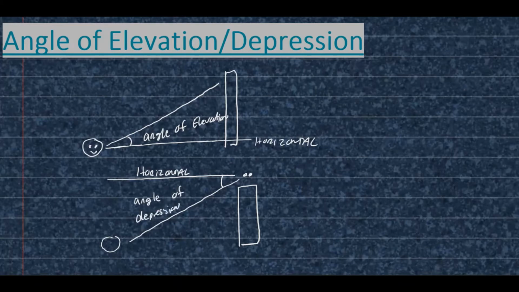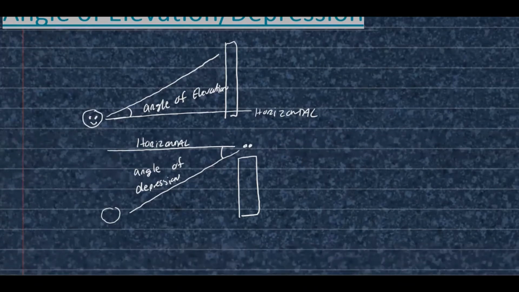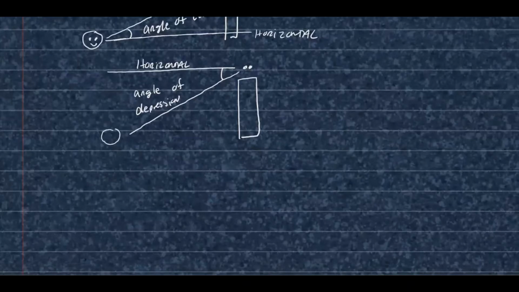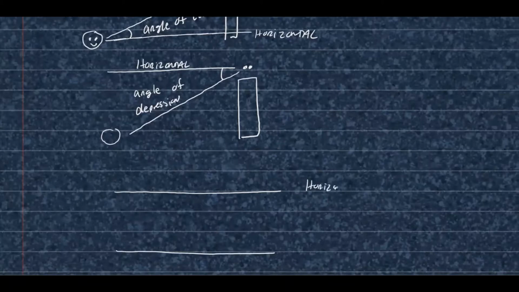So pretty much the way you want to relate these two angles is using geometry. Suppose we have two parallel lines, and these are our horizontals. Then we cut through the middle like that, and we create angles.